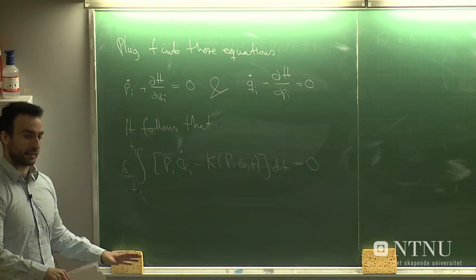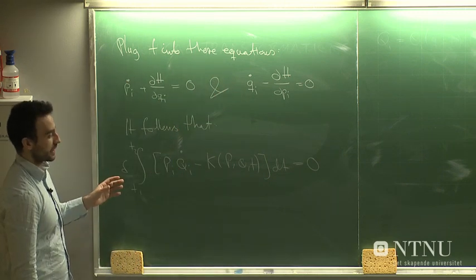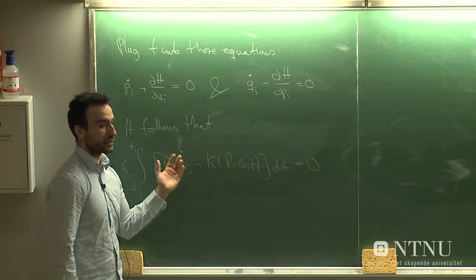So we're basically backtracking. We're starting with these equations for the new coordinates, and thus saying that the variation of this function here has to be 0.